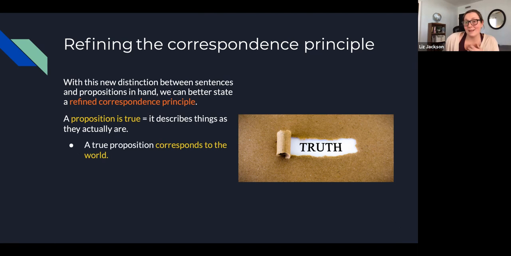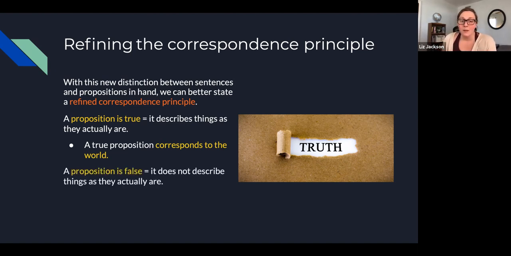When Bob says, "I did the dishes," that's true. That proposition is that Bob did the dishes. And that proposition is true when it's true that Bob was the one who did the dishes, when that proposition corresponds to the world. And a proposition is false when it doesn't describe things as they actually are. So a false proposition does not correspond to the world.